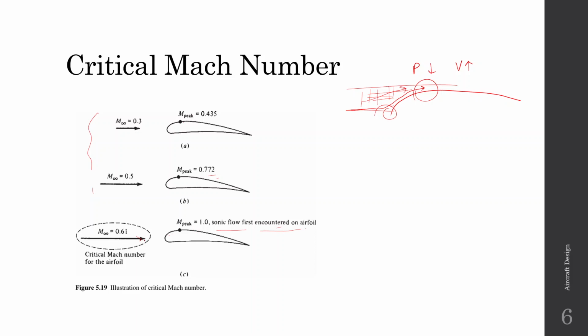Therefore this number is called the critical Mach number. The critical Mach number is the lowest possible Mach number where some part of the aerofoil experiences supersonic speed.